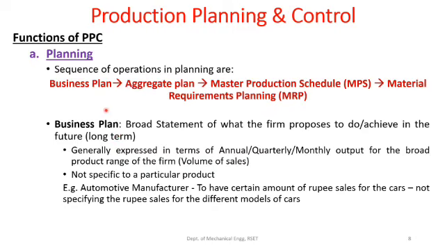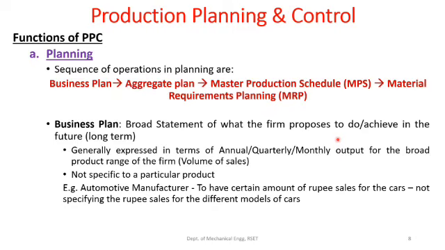So the business plan, the very first step in the operation of planning, is stating or defining the business plan. Now, a business plan is a broad statement of what the firm proposes to do or achieve in the future. This particular statement is generally a long-term statement and is generally expressed in terms of annual, quarterly, half-yearly or monthly outputs for the broad product range that the firm produces. So generally business plans are not specific to a particular product, and it is generally for the entire business.